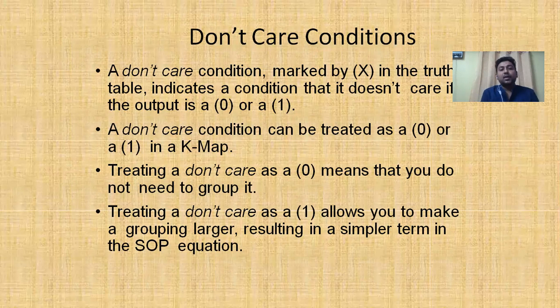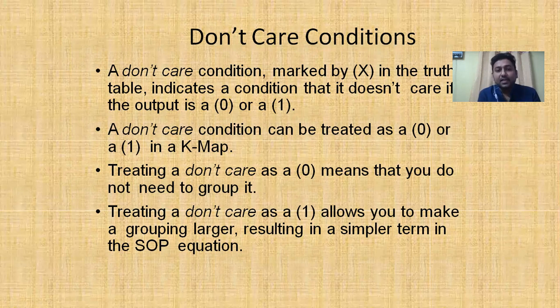Don't care means it may be 0, it may be 1 according to the grouping. According to the grouping of the K-map, we may consider it as a 1 or as a 0. That is the benefit of the don't care.